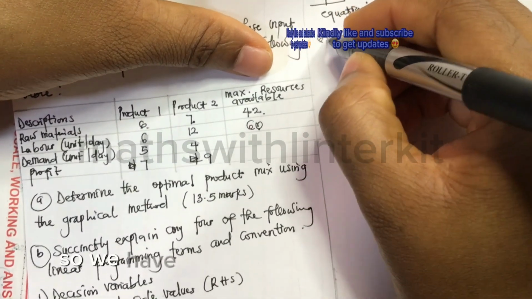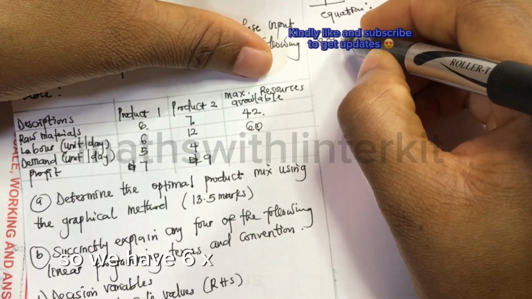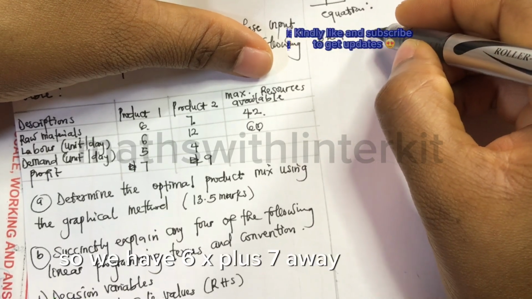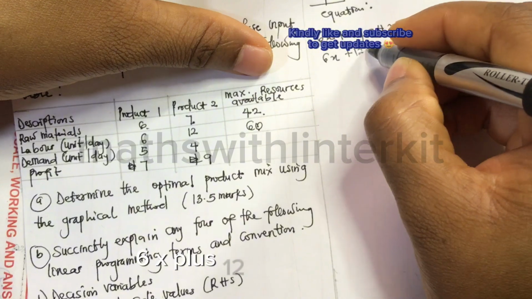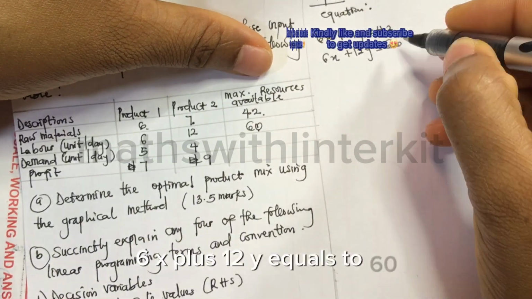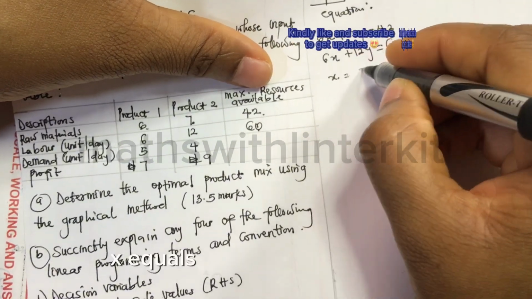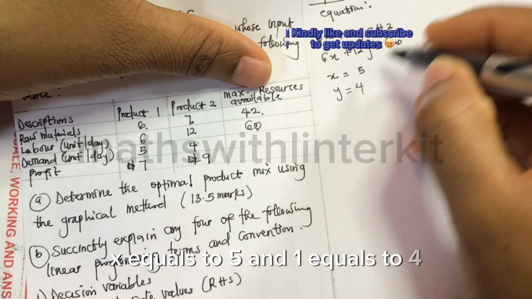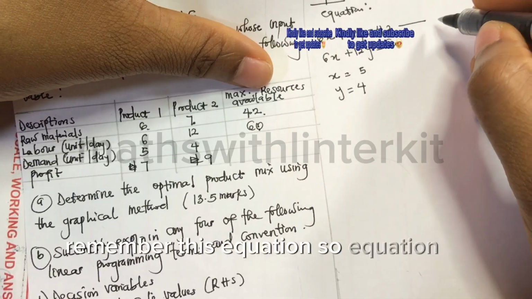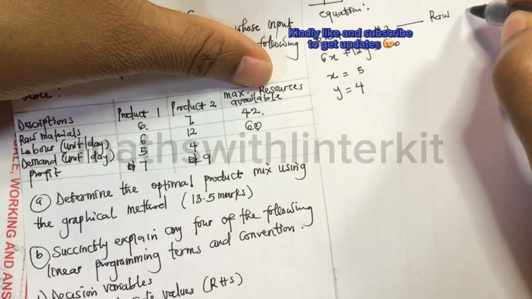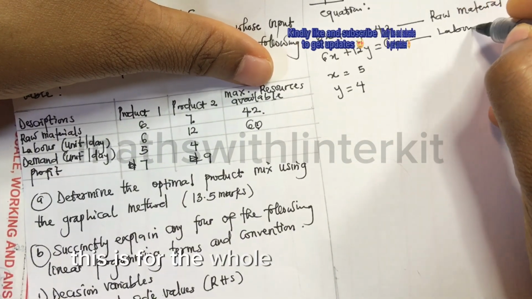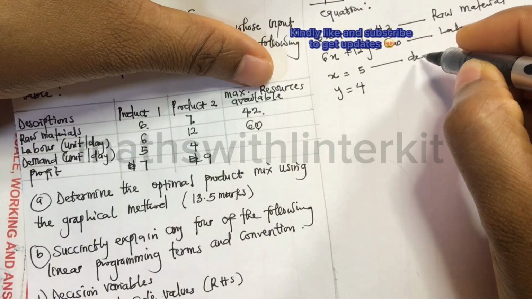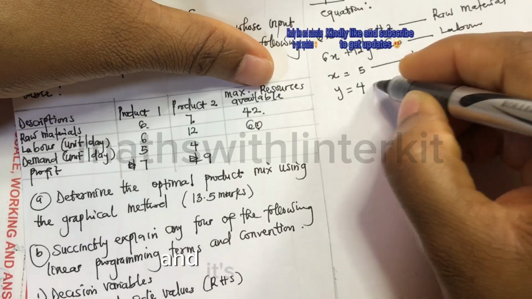So we have 6x plus 7y equals 42, 6x plus 12y equals 60, x equals 5 and y equals 4. Remember this equation is for raw material. This is for labor. This is for demand. And this is also demand.